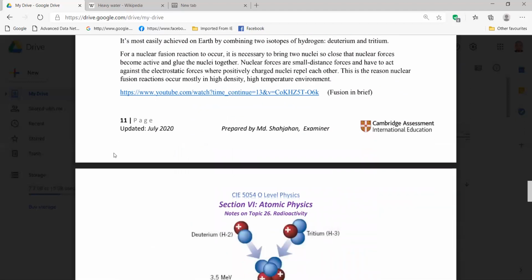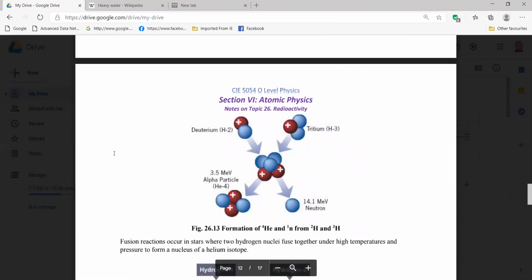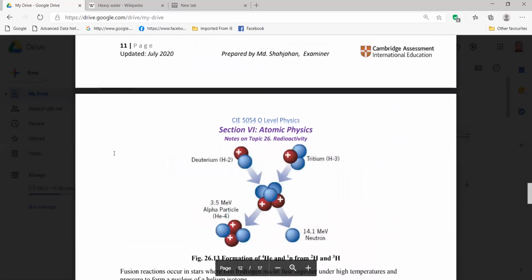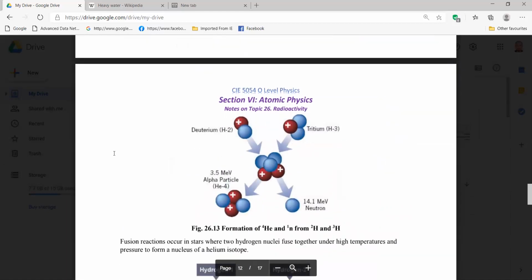And at least today you understood that previously you might have thought it always happens directly from hydrogen to helium. But it can happen in three ways. This idea may be new to you, right? All of you?